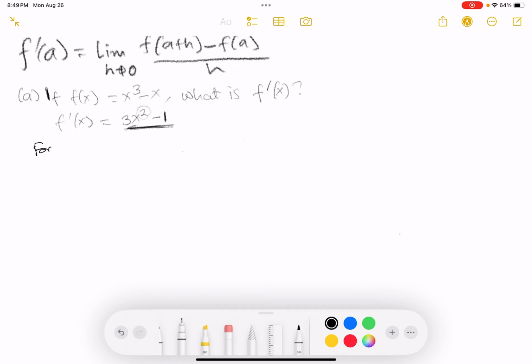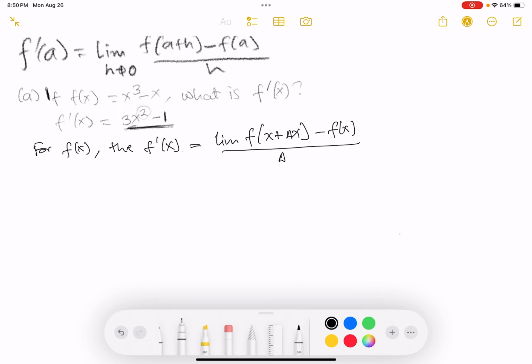for a function f(x), the derivative f'(x) is given by the limit of that function at the variable x plus a small change in x, minus the original function f(x), over a small change in x.